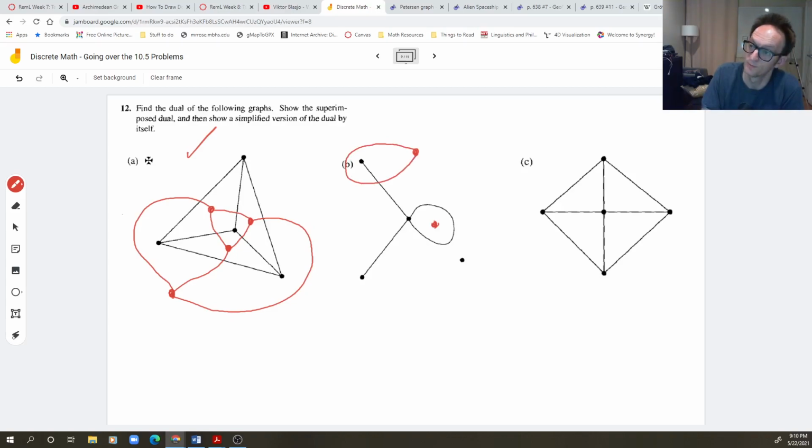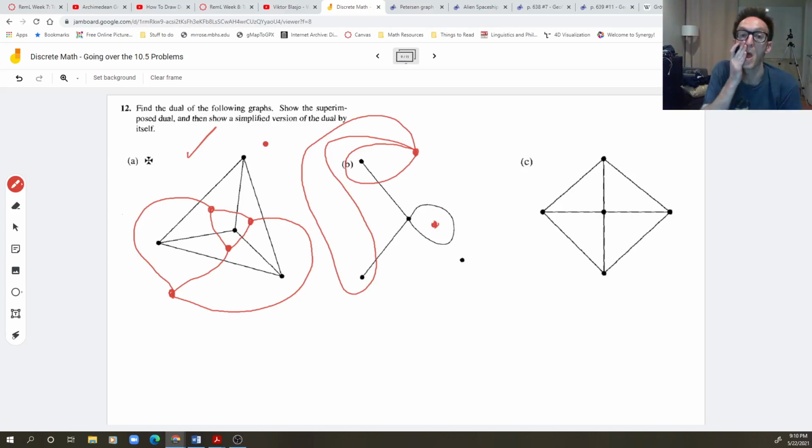That's a loop. That's a loop. This is a thing.